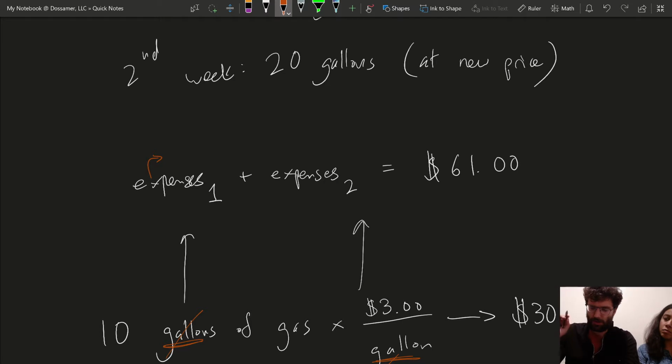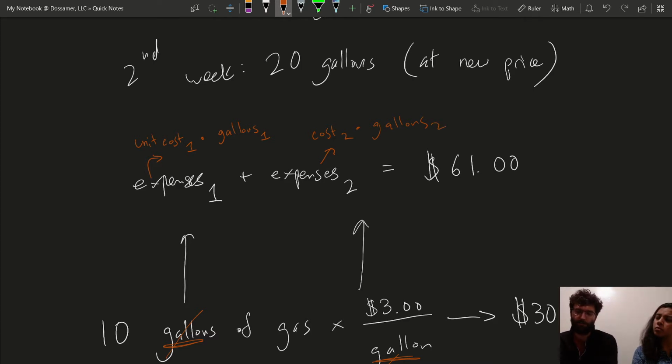So finally coming back to this equation right here, we have expenses, and we know that a total expense, because an expense is a conversion of a quantity of gallons to a quantity of dollars, we know that one of these expenses is going to be represented by the unit cost from the first week, and then the quantity of the gallons from the first week, and then the same thing over here.